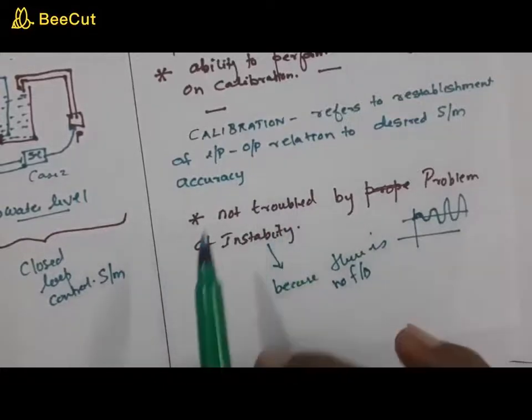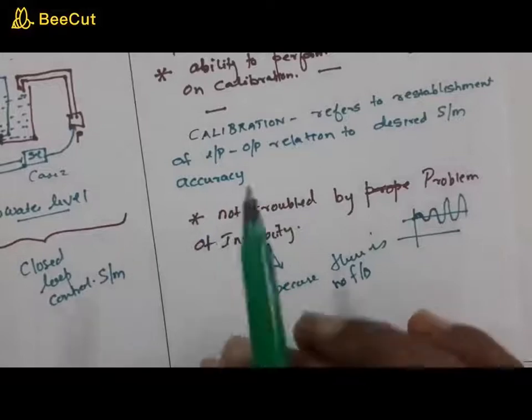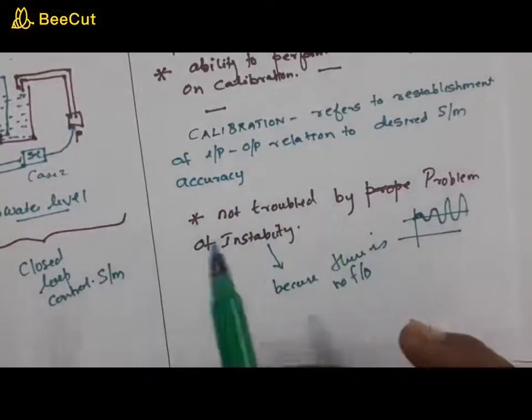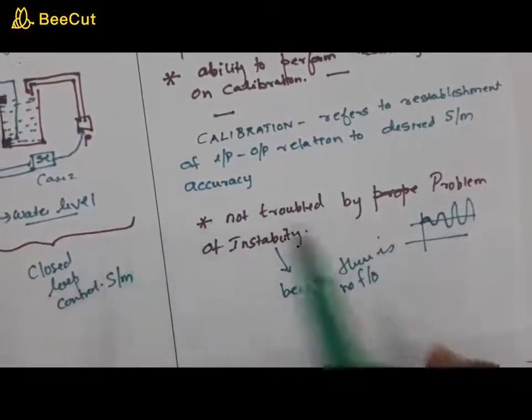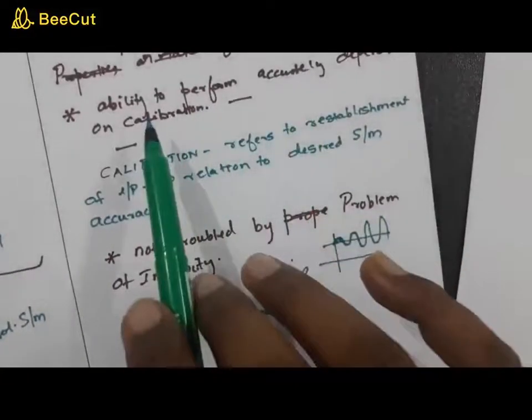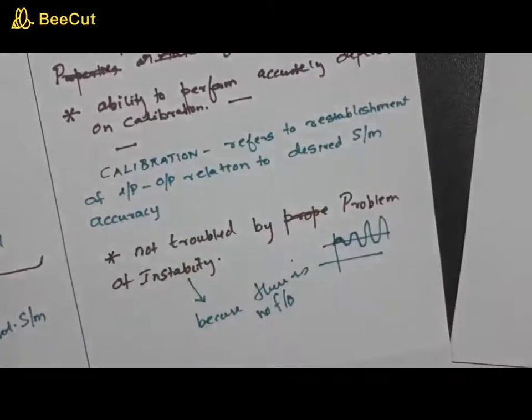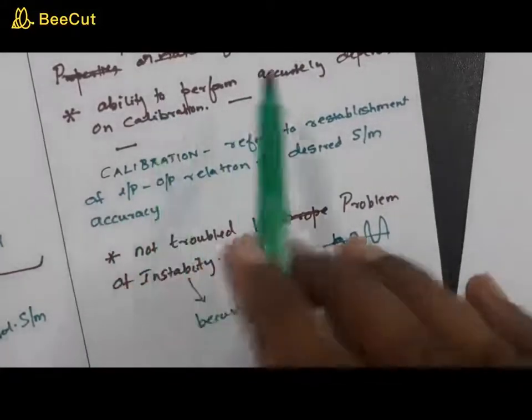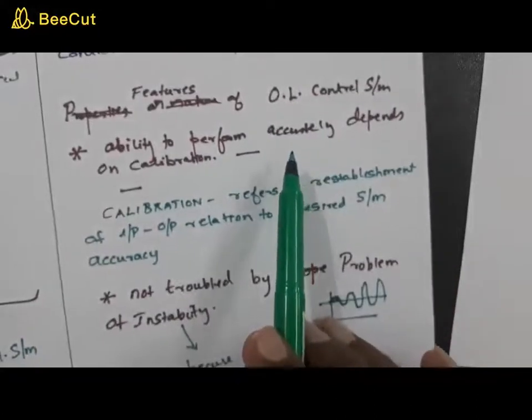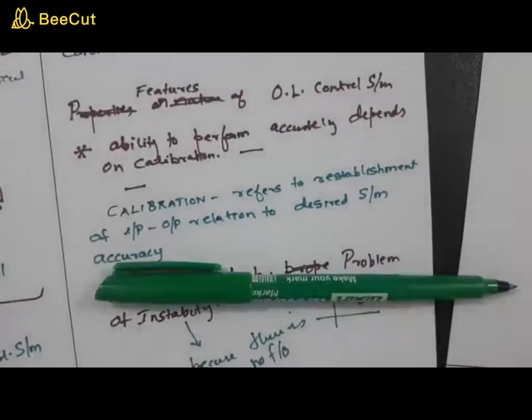So that's an advantage of an open loop system. But the problem is, its accuracy depends on the calibration. If the system loses its calibration, then its accuracy is badly affected.